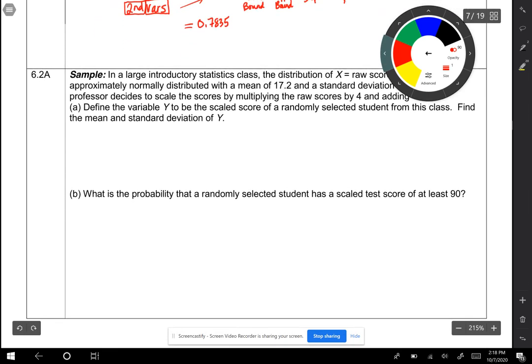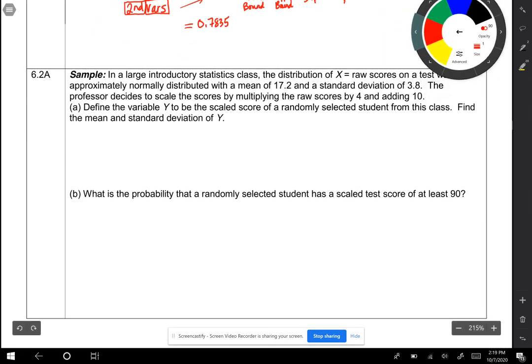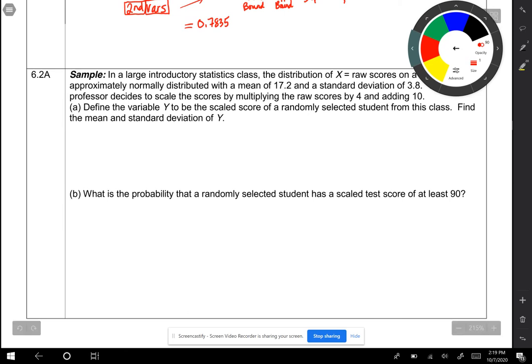Right. And last one. In a large introductory statistics class, the distribution of X equals raw scores on a test was approximately normally distributed with a mean of 17.2 and a standard deviation of 3.8.